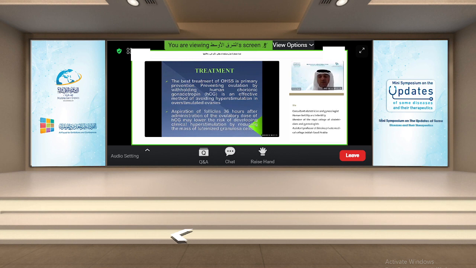Again, if you are confronted with a huge number of follicles of bigger size, you may do aspiration of these follicles. And this will also reduce the risk, because if you aspirate, you reduce the volume of estrogen in that follicle, and this will reduce the incidence of hyperstimulation syndrome.